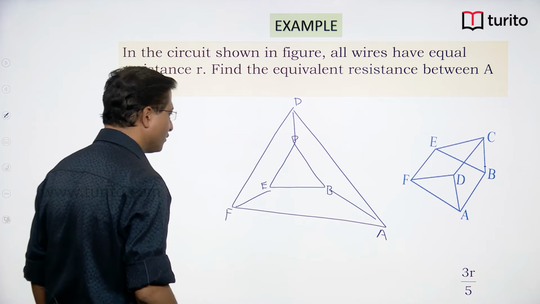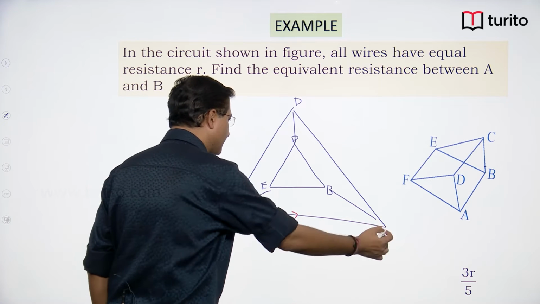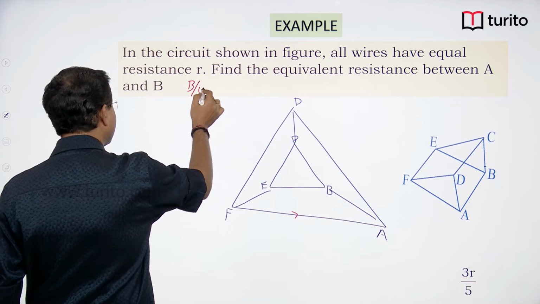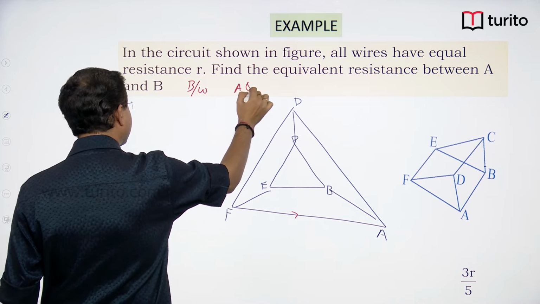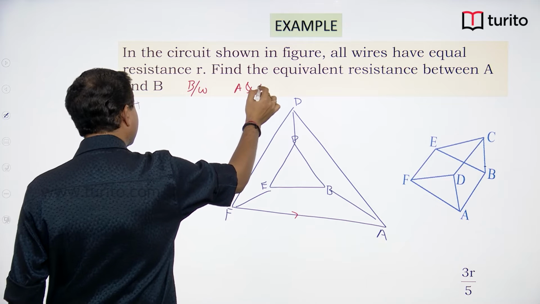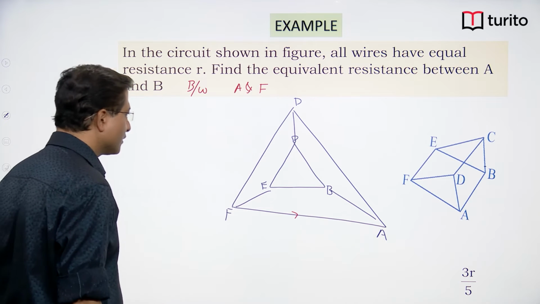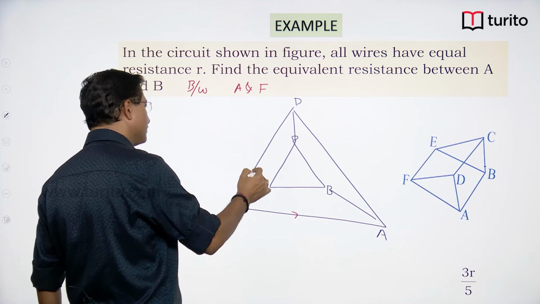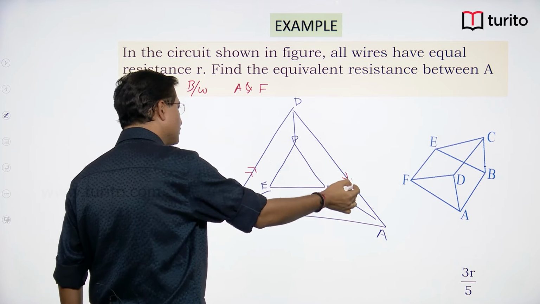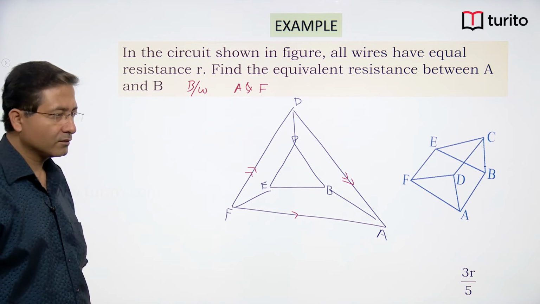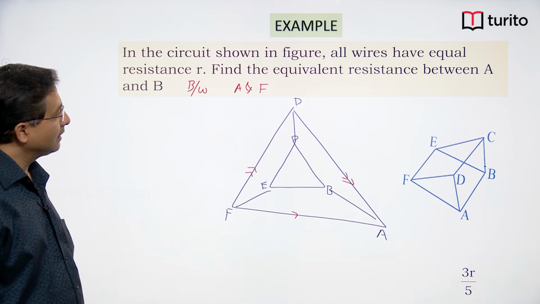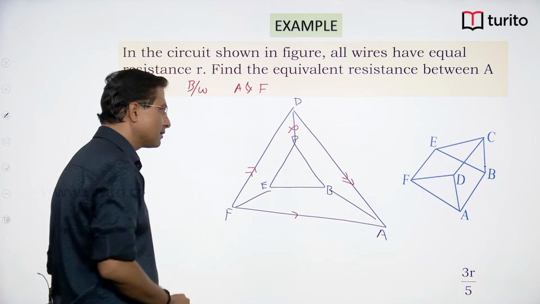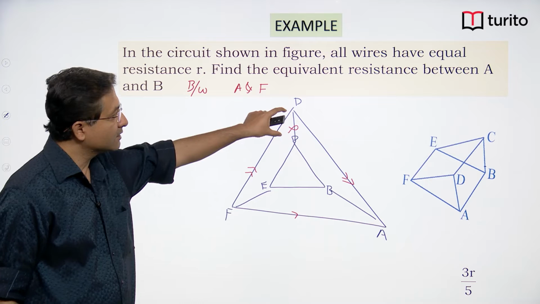If I look at the flow of current, this current will directly flow between A and F. This current will directly flow, and between input and output we have only one junction. So this current will directly flow, no problem. If this current is directly flowing, there is no division of current here. I can remove this resistor.